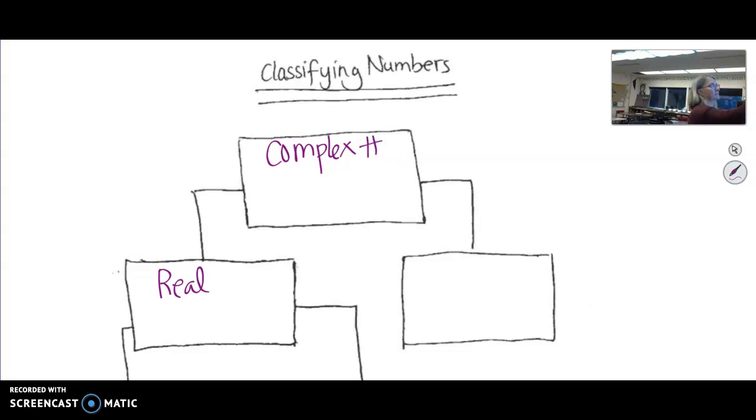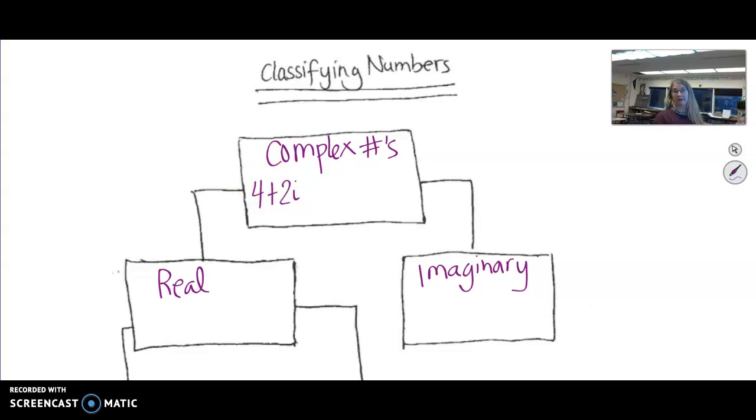Complex numbers can be broken into real and then imaginary numbers. So those are imaginary numbers, and real numbers are subsets of the complex numbers. So some complex numbers might look like 4 plus 2i. That's a complex number.